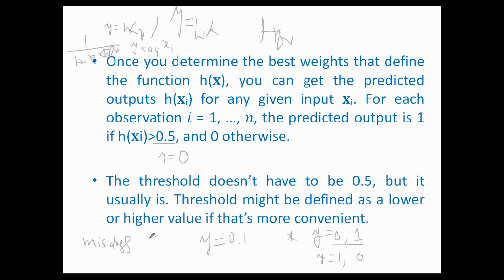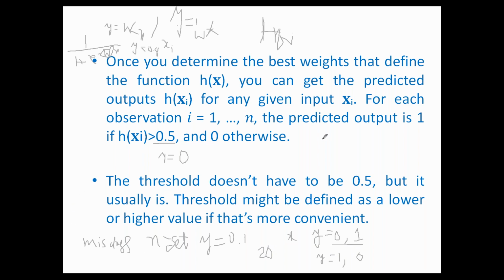Suppose you have n samples, a training set of n examples. Out of n, suppose you get some errors, maybe positive error or negative error, getting 1 instead of 0 or 0 instead of 1. Suppose you get 20 such misclassifications.